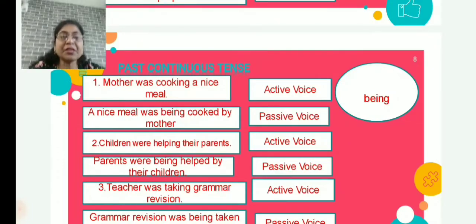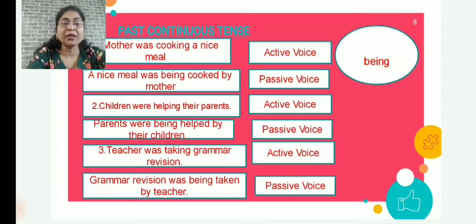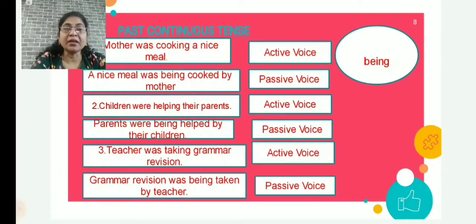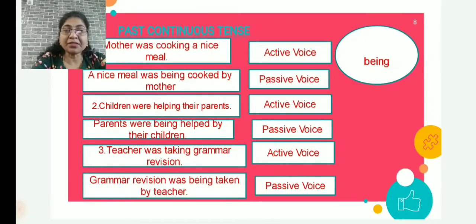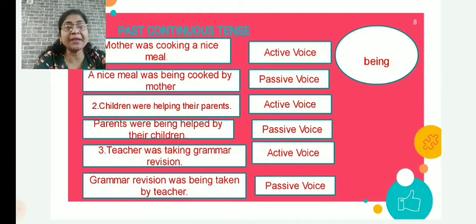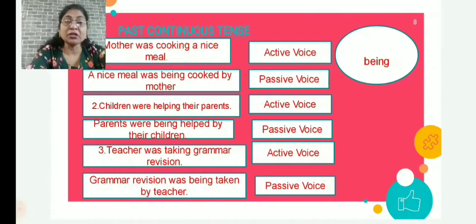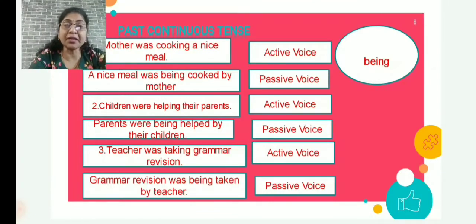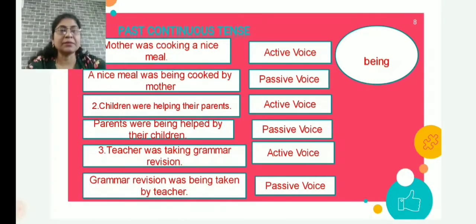So grammar revision was being taken by the teacher, in passive voice. Here again, what is the object? Grammar revision. So grammar revision will come on the place of the subject, then was, the supportive verb, then the word being is used, then taken, the past participle, by teacher. So the word being is very important in continuous tense when we change a sentence from active into passive voice.